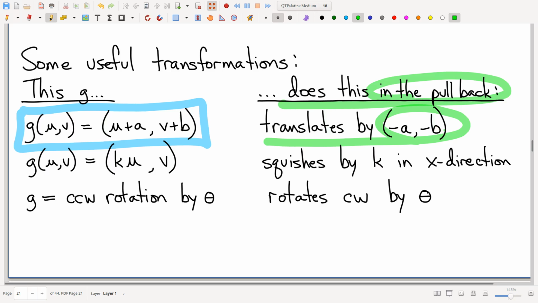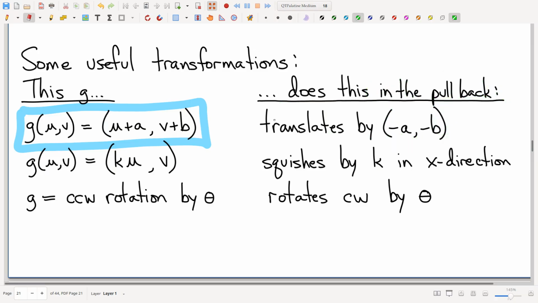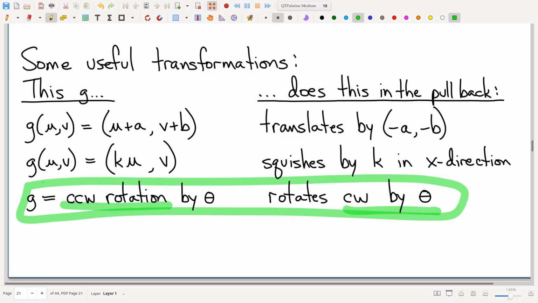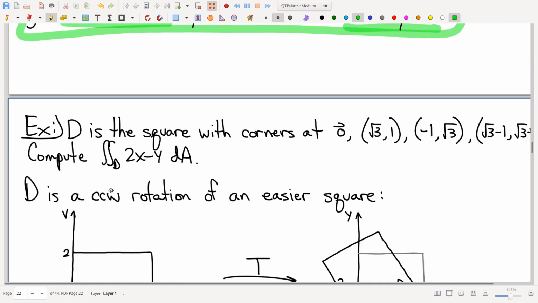So likewise, we have here a stretch in the x direction, the undoing of which will squish in the x direction. And likewise, if you have a counterclockwise rotation, what that will do when you pull back is a clockwise rotation. All right. So I'm going to give you an example now of this one right here. This next example here.